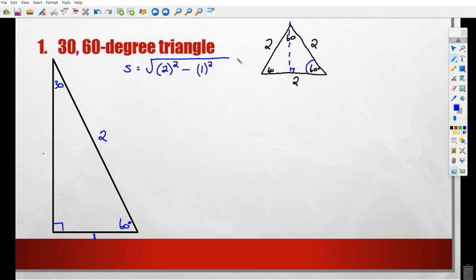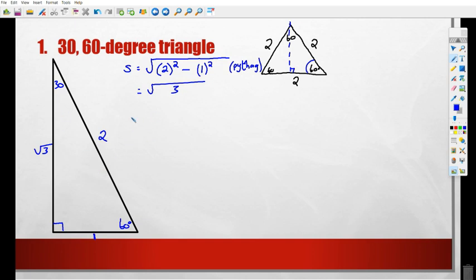That's Pythagoras, so please always put your reasons here. It's Pythag. That's going to be the square root of 4 minus 1, which is the square root of 3. So that side over there is the square root of 3. At least you know where this comes from. The others are a little bit different. I'm just going to give them to you so that you do remember this, which makes it a little bit easier when you have to learn this triangle.